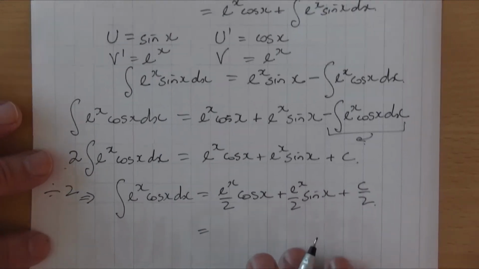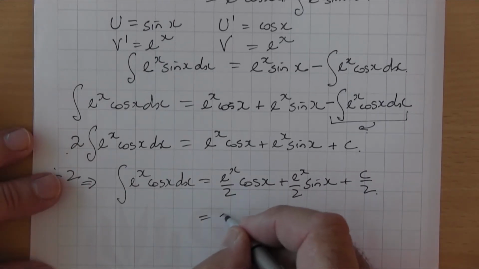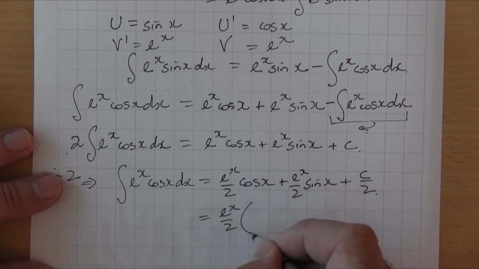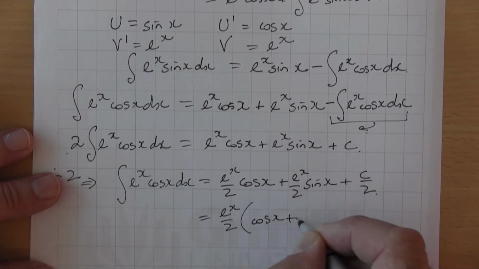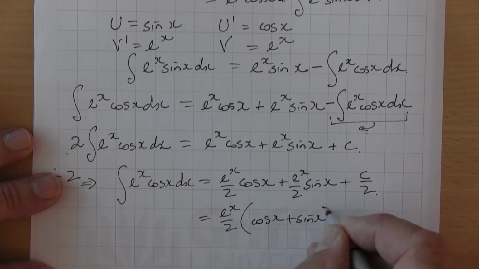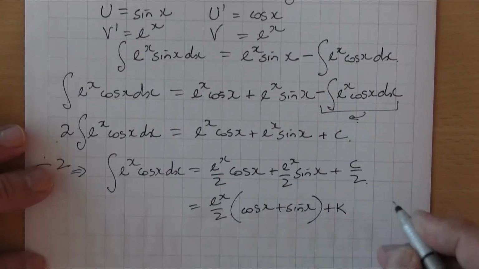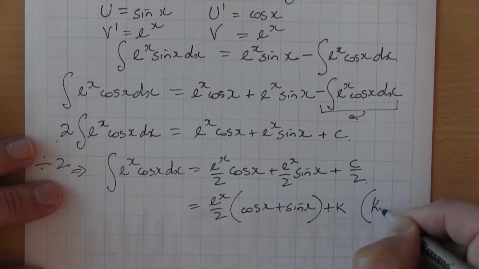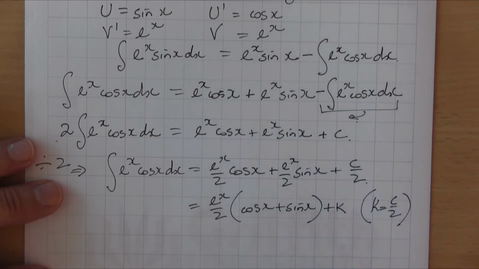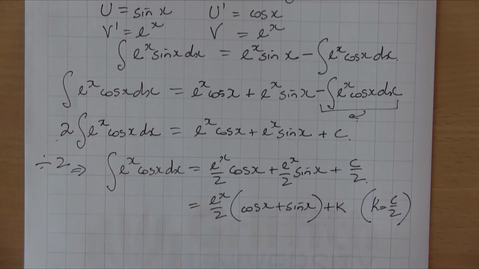Common factor here is e to the x on 2, so I've got e to the x on 2 times the bracket of cos x plus sin x, plus k. K is equal to c on 2. So it's just a constant of integration.